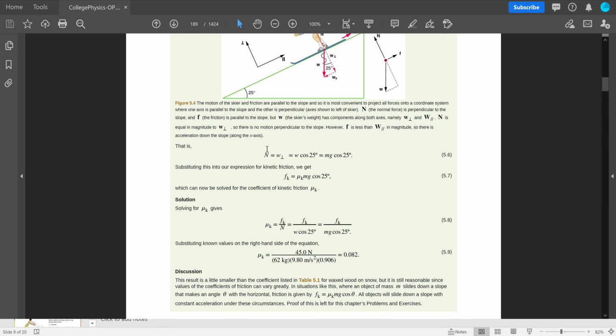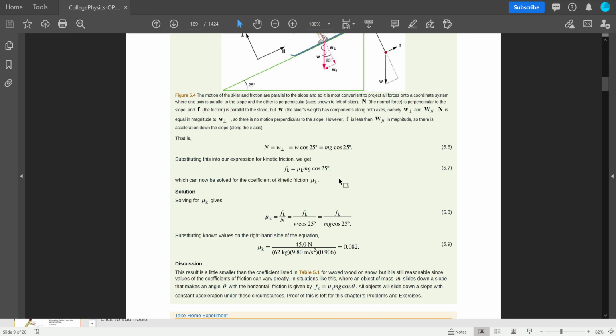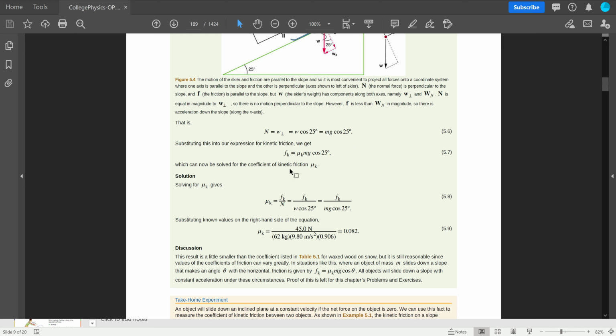So here they start off by saying, okay, well, my normal force is our perpendicular weight, which is mg cosine of 25. They go ahead and just plug it into the friction formula here directly. They don't figure out the number first. But to solve for mu k, then you just have to divide this side by mg cosine of 25.